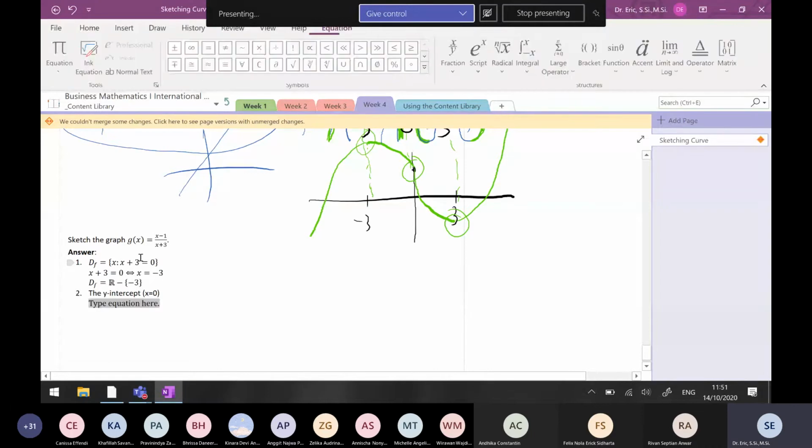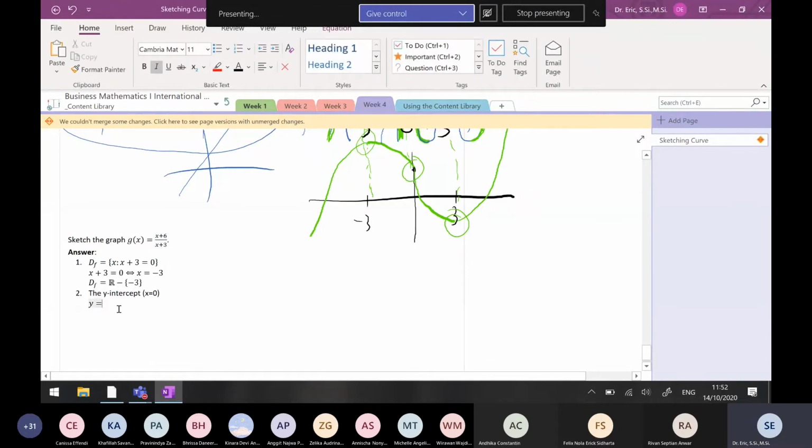To make it easy, why don't we make this plus 6? So when x equals 0, you have 6 divided by 3, and you have 2.